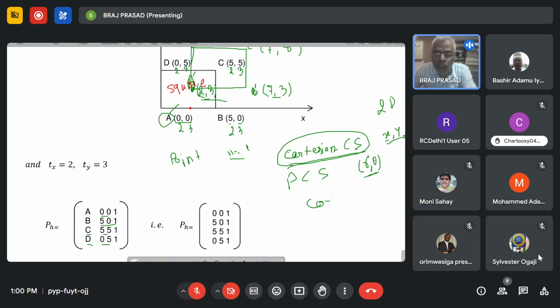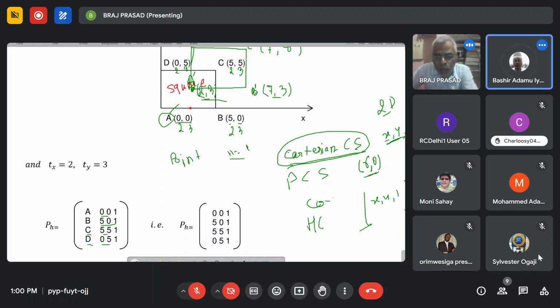That's why we introduce a new coordinate in 2D, called h, which is the homogeneous form. The value of h can be positive or negative, but if we take h equal to 1, then the point will be represented as x, y, comma 1 in the homogeneous system, in HCS.